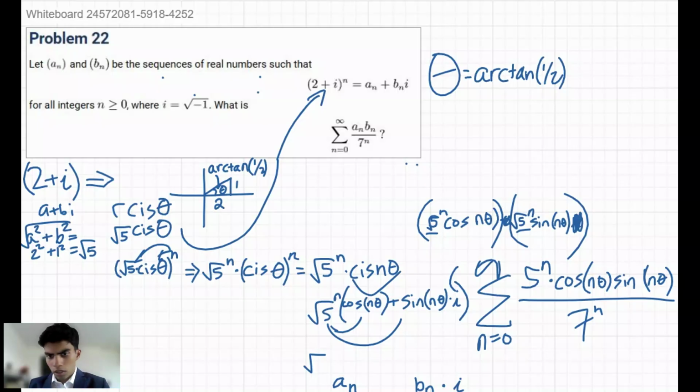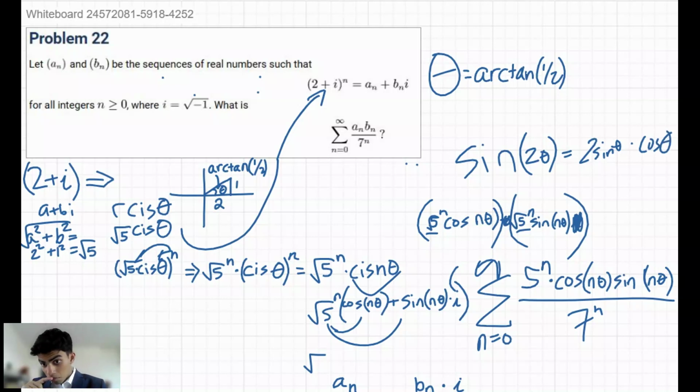Okay, so what can we do from here? Well, remember that sine of 2 theta equals 2 sine theta times cosine theta. And you can see that right here we have cosine of n theta and then sine of n theta.